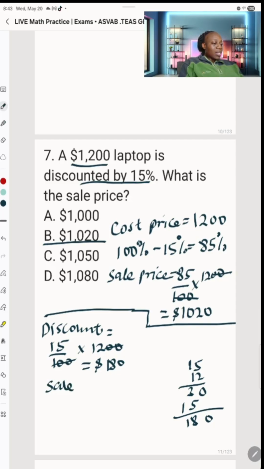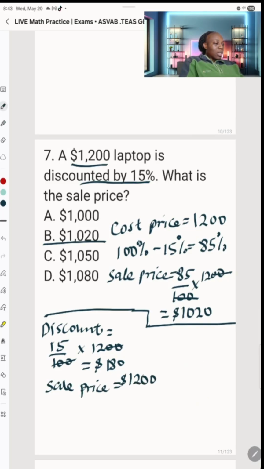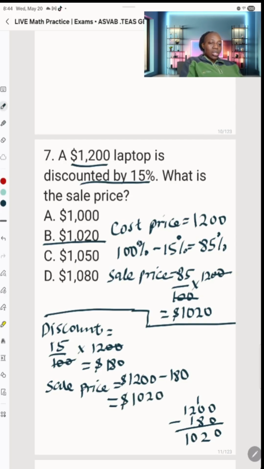So sale price will now be 12 minus 180. So that will be $1,200 minus $180, which gives 1,020. So which is still the same thing as what we did. So any of the two methods, you can use any of the two methods.